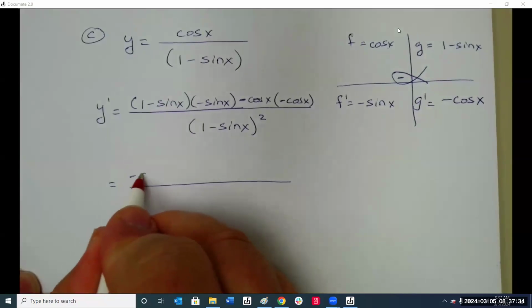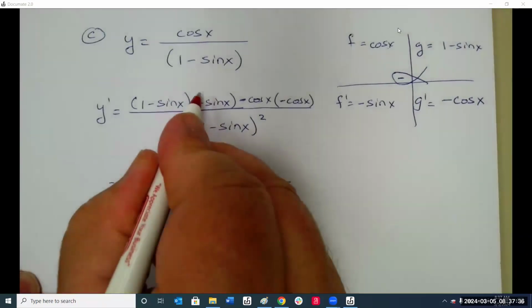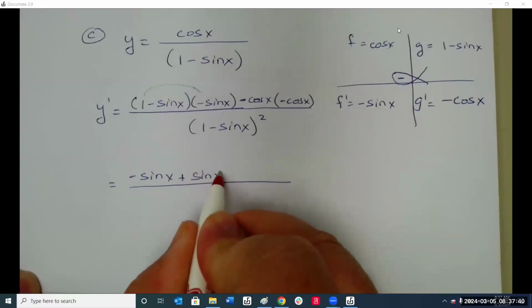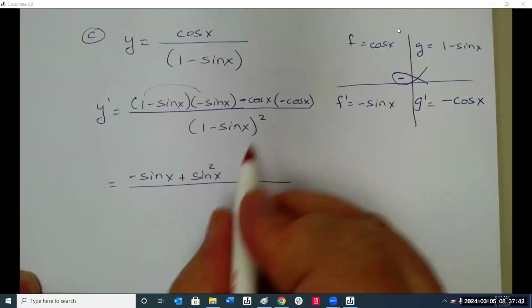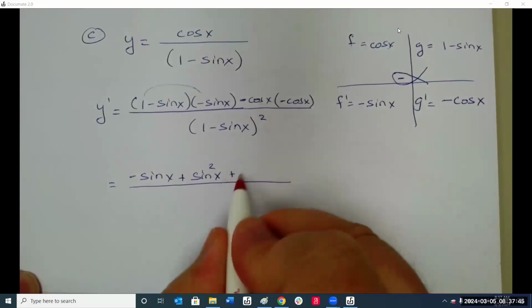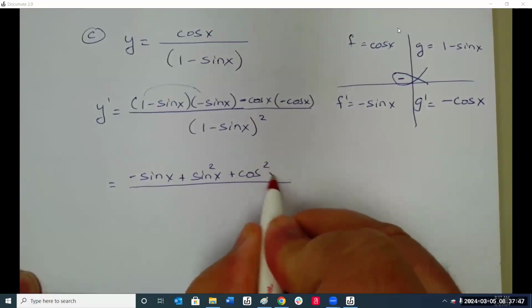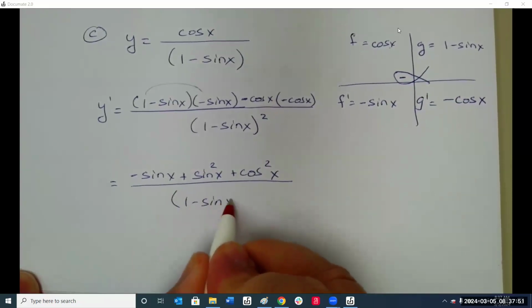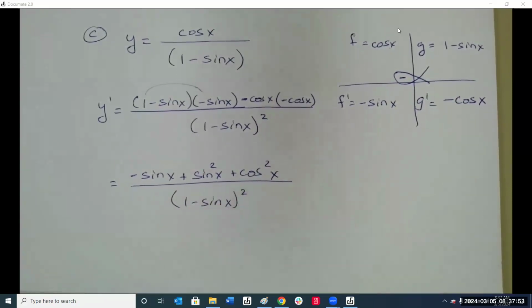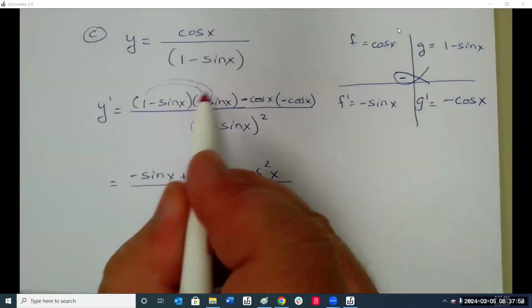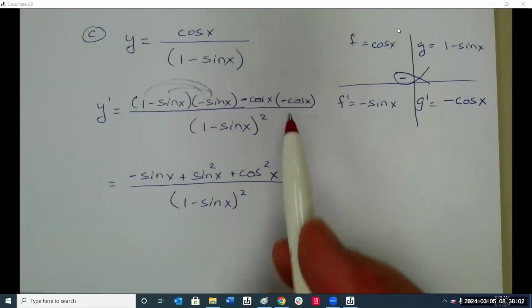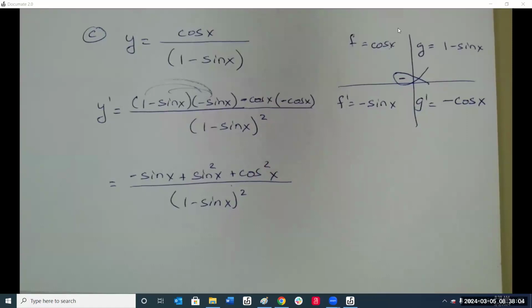We have negative sine x plus sine squared x plus cosine squared x over 1 minus sine x squared. So far, so good? I distributed this one to both of those. Negative is a positive, cosine squared x.